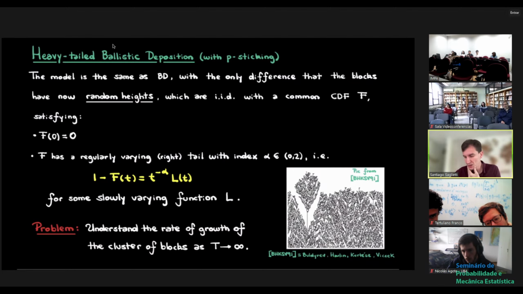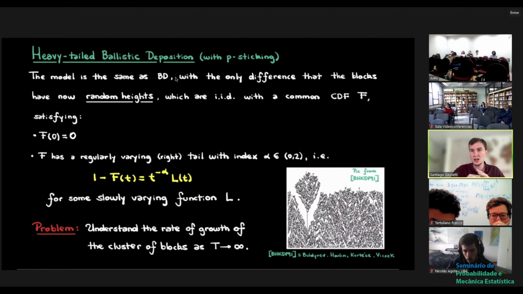So this doesn't look anything like the original ballistic deposition model, in which all blocks had the same height. We couldn't see this before because the simulations were not working, but I'll show you some pictures of the standard ballistic deposition model.